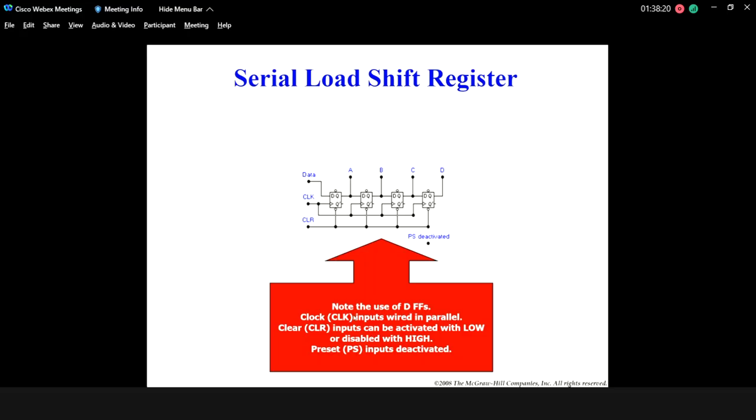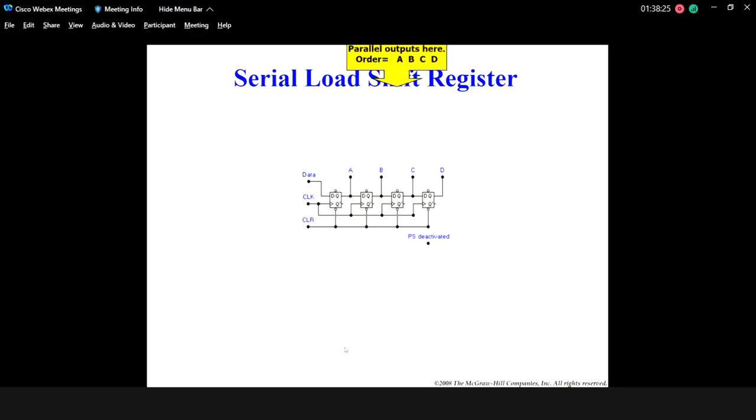So when we give the data in series, we get a parallel output ABCD, in the order ABCD. The inputs here are data, clock, and clear.